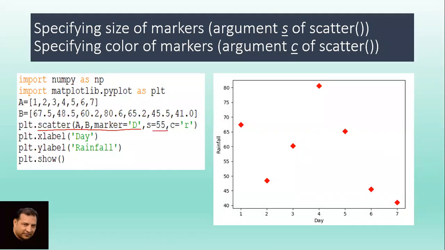You can give size 10, 11, 12, 13, 14, whatever. So 55 is a larger one so that you can see diamond shape very clearly. c is equal to r, it means red. You can also write red. So you can see the output. You have marker D or diamond shape with size 55 and color as red.